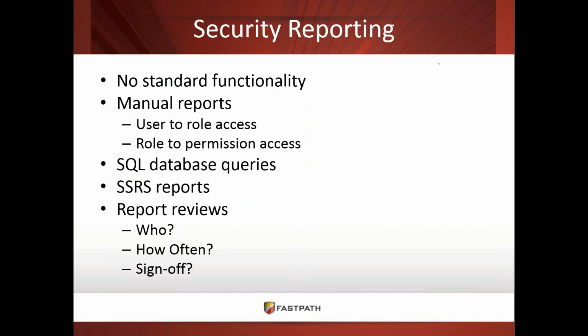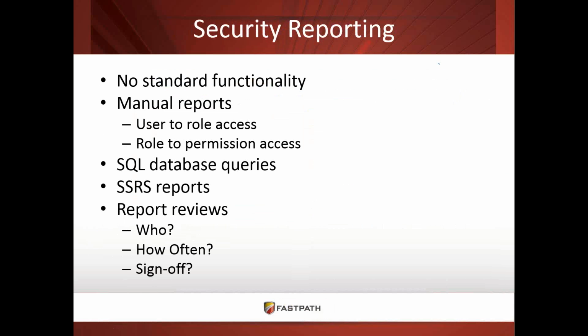The other kind of funny thing there is, how do you report on indirect access? Just from the standpoint of Fastpath and how we address that issue, we treat indirect access as full yes access, because we don't necessarily know what object permissions are assigned to the code units and pages, and those can be changed.